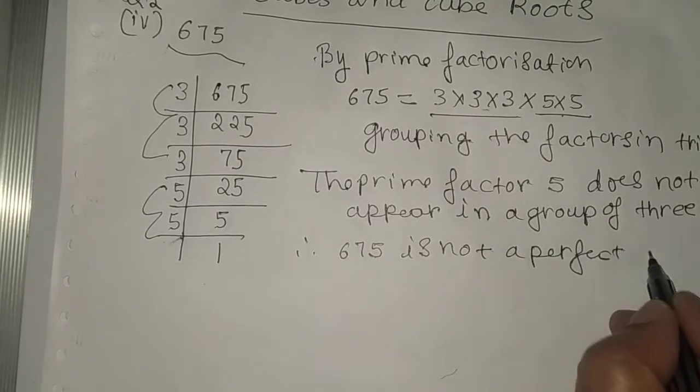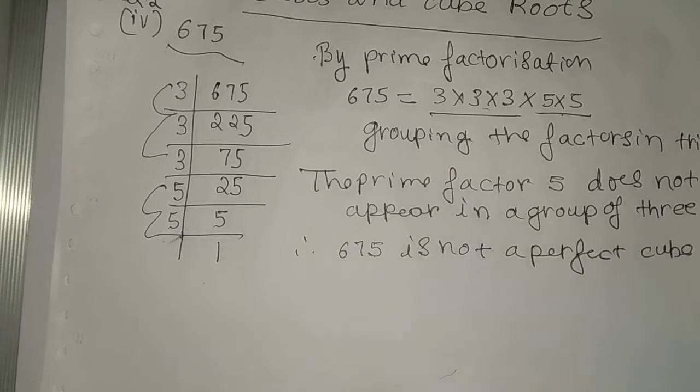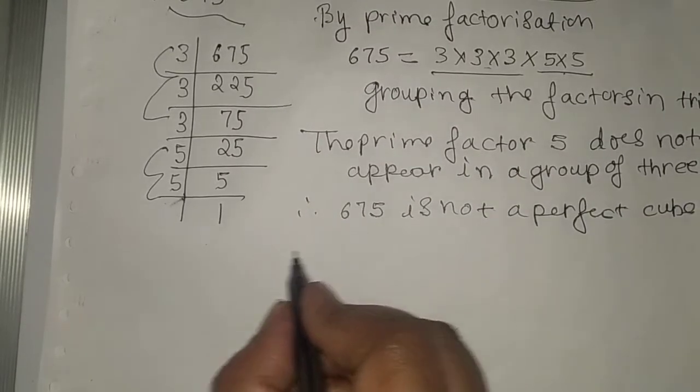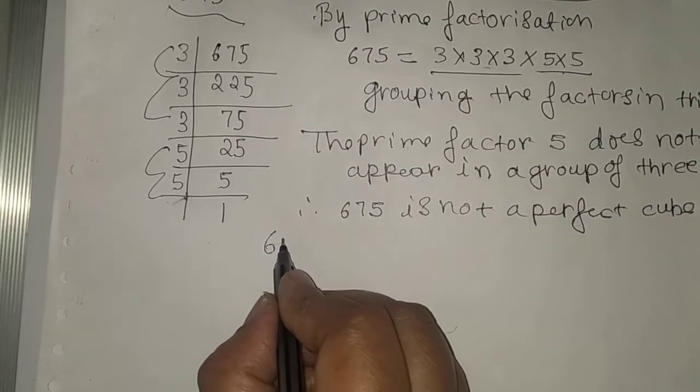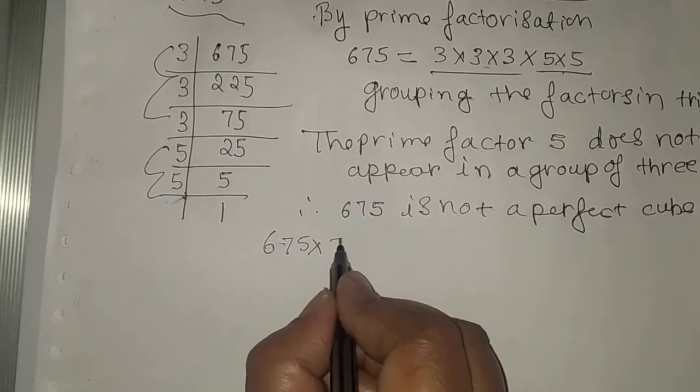To make it a perfect cube, 675 should be multiplied by 5.